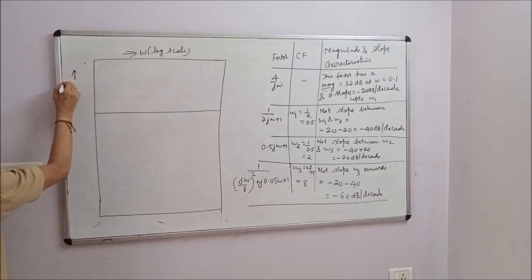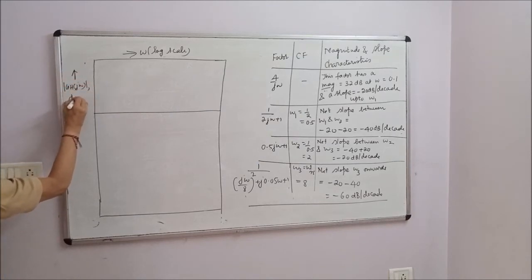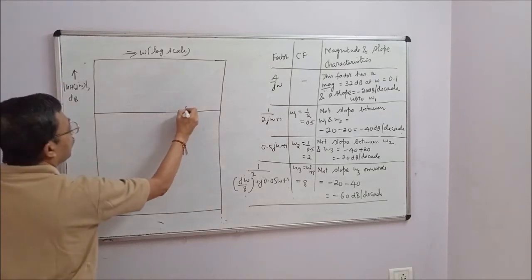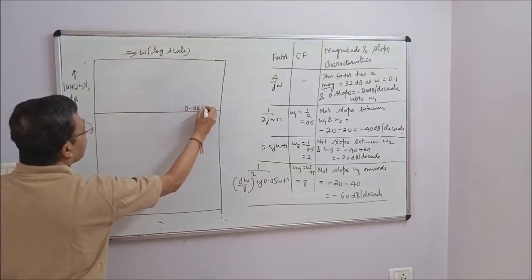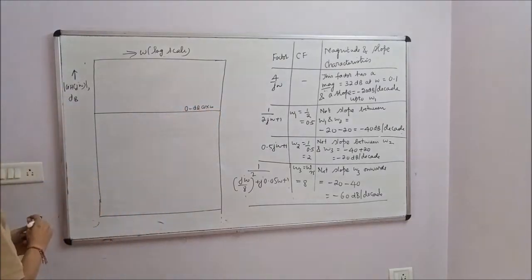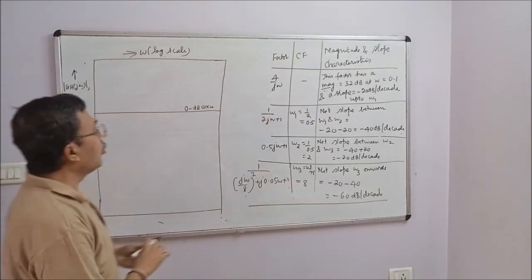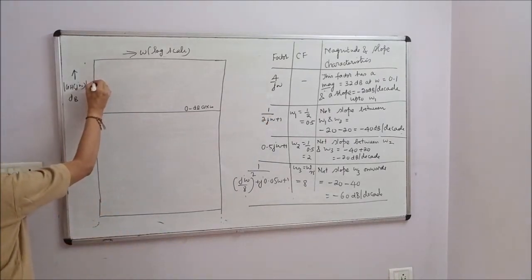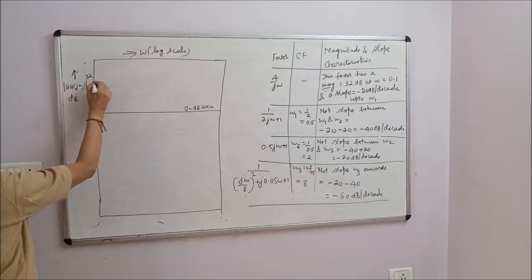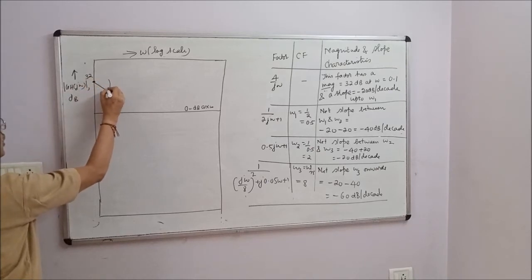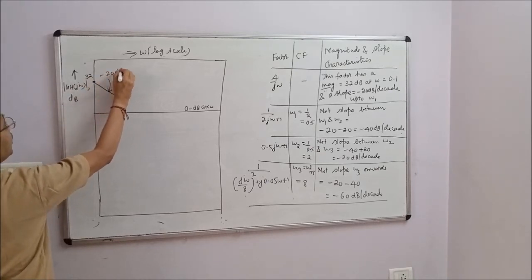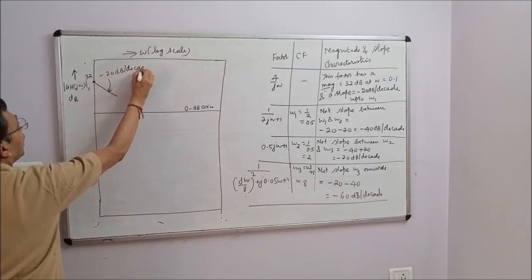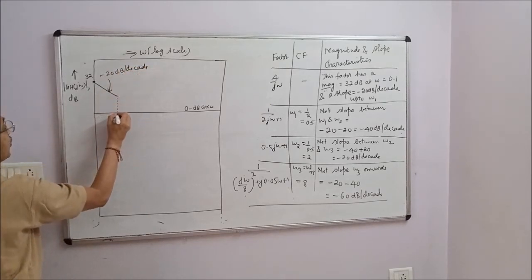Y-axis is magnitude of GH of j omega in decibels. This is 0 dB axis. So what this says, at omega equal to 0.1, the magnitude is 32 dB and slope is minus 20 decibels per decade up to omega 1.